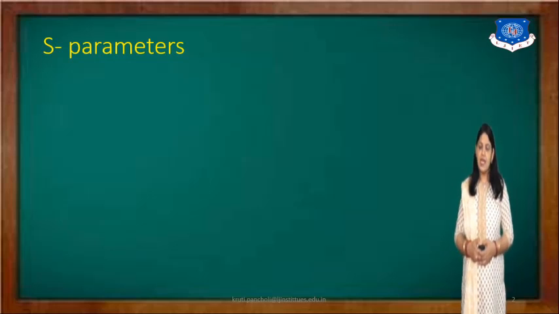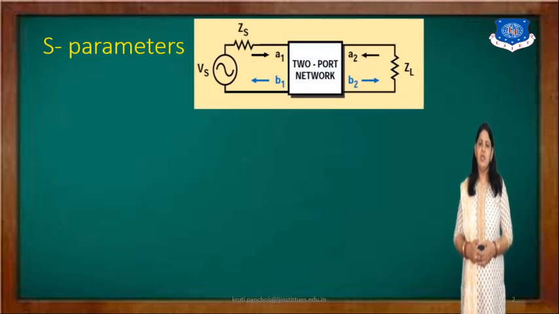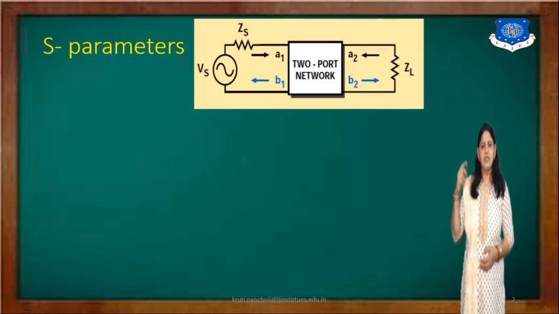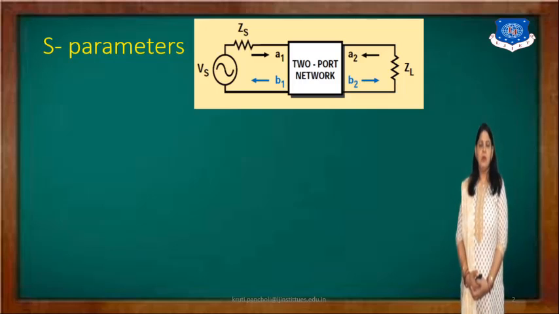So here, as the input and the output, we have the logic variables, and those variables are the traveling waves that we are transmitting. Now you can see in the diagram the two-port network that you have studied in the case of low frequency.